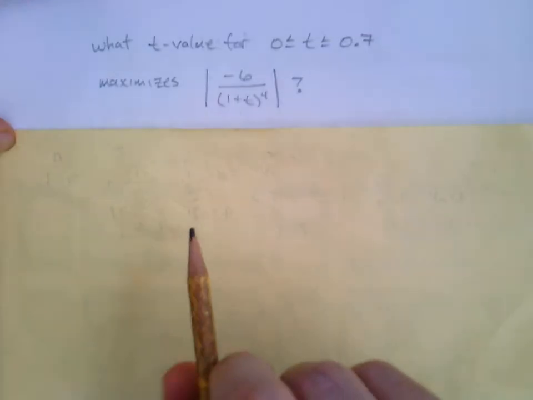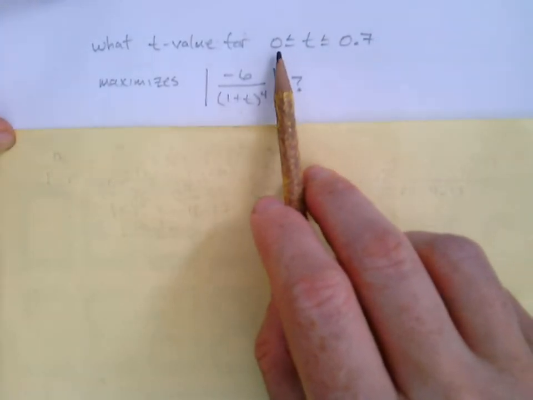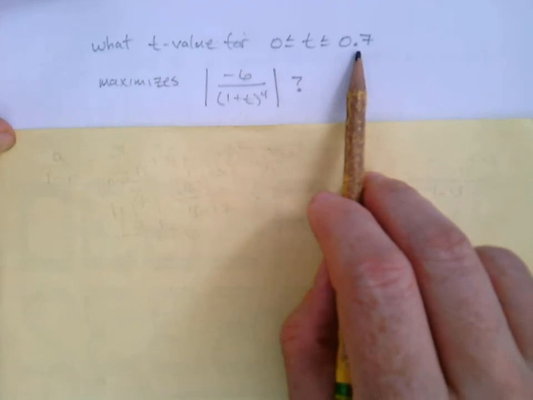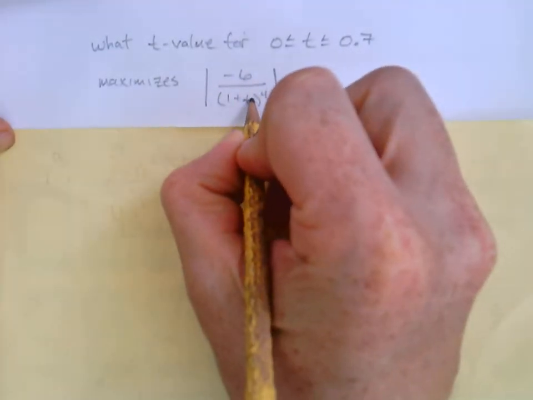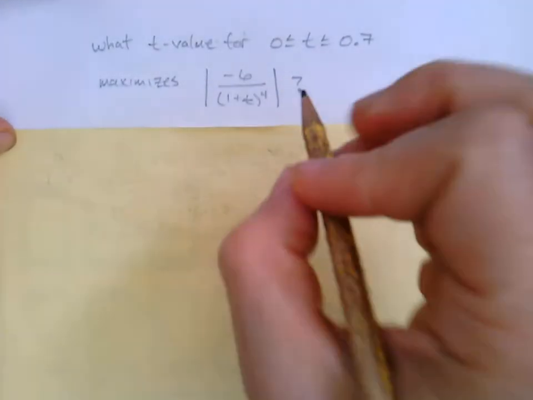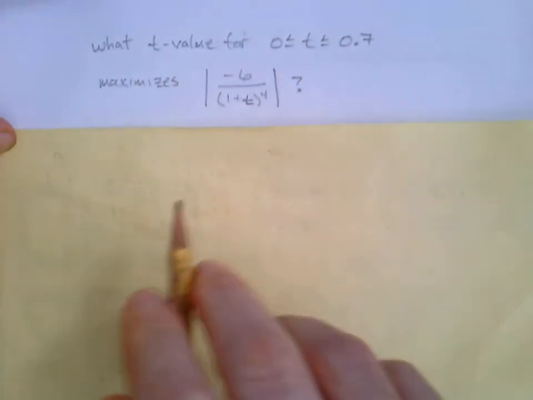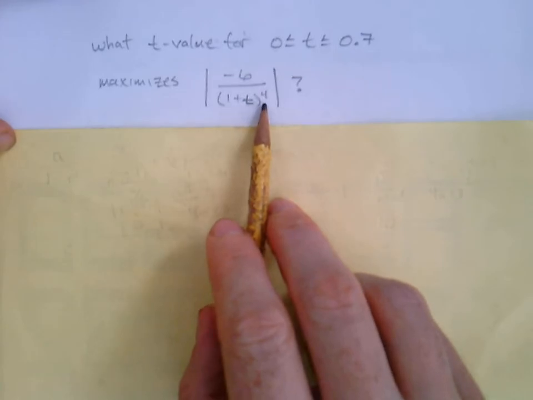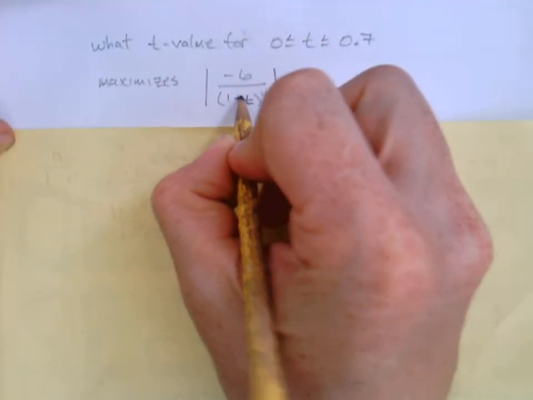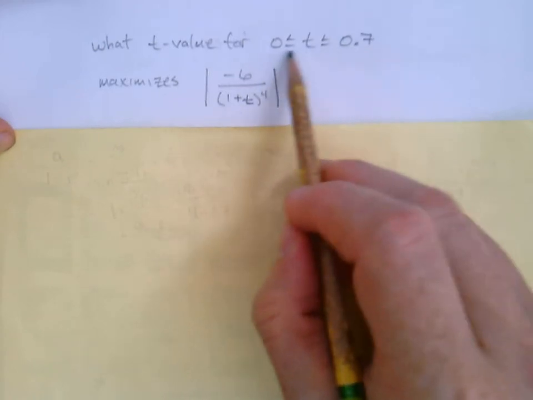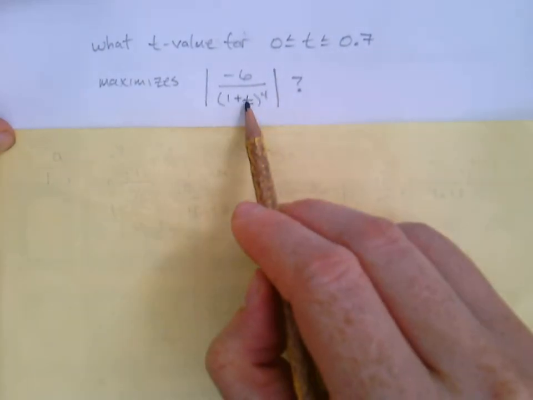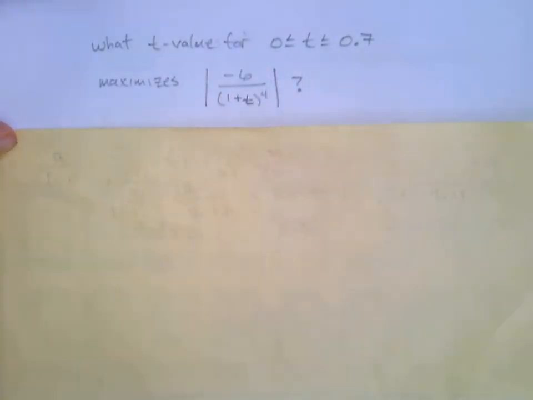So what t value for t between 0 and 0.7 will maximize the absolute value, that's important, of the fourth derivative, negative 6 over 1 plus t to the fourth? Which value of t in here should we plug in to make this whole thing as big as possible?